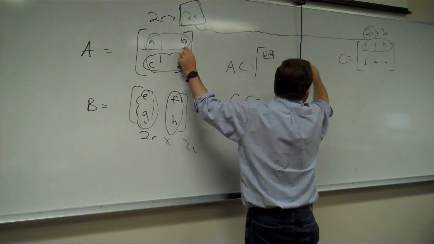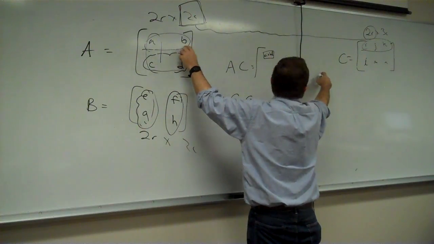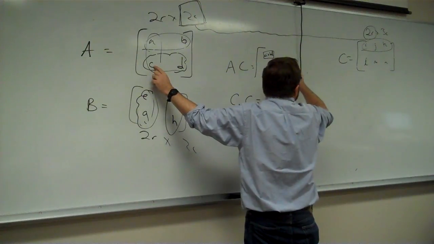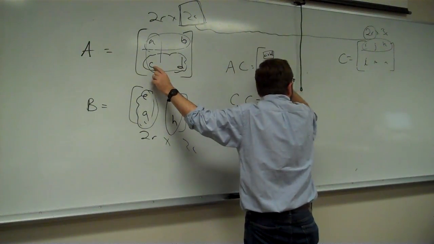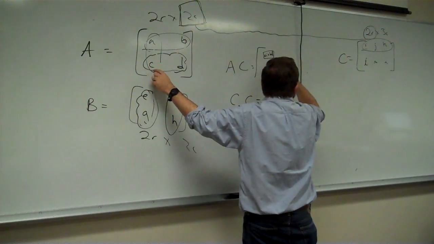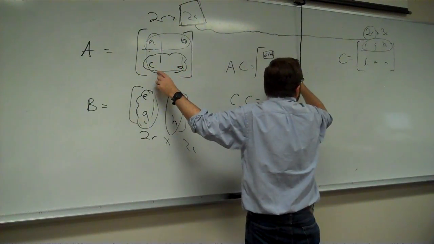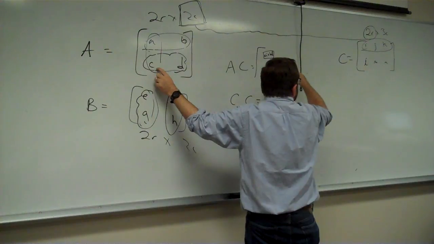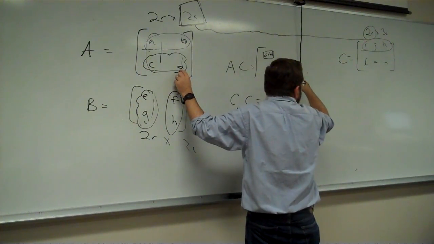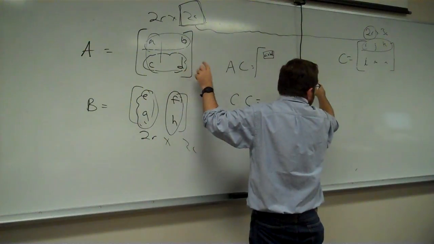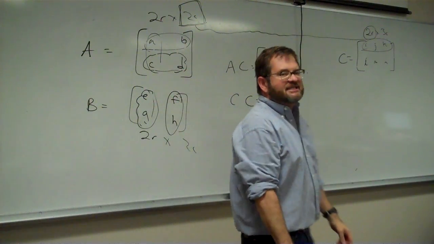Third column: A times K plus B times N. Next one. Second row, first column: C times I plus D times L. Second column: C times J plus D times M. Third column: C times K plus D times N. Yes. Great. See, this is not hard.